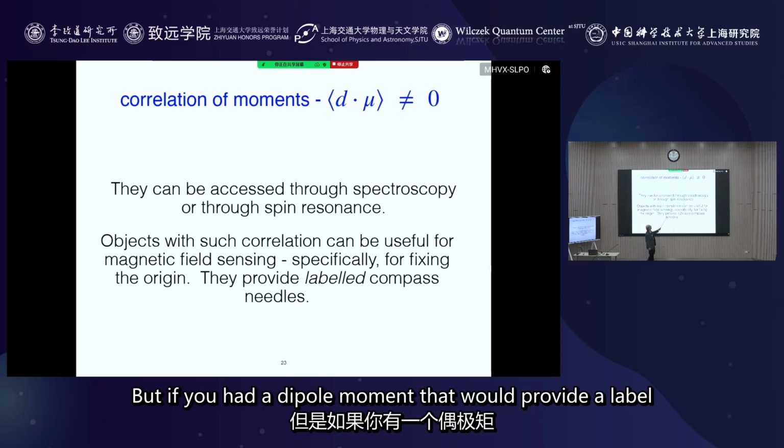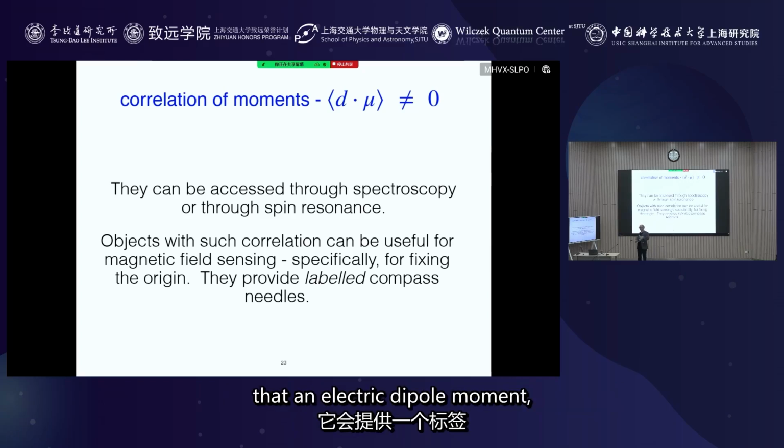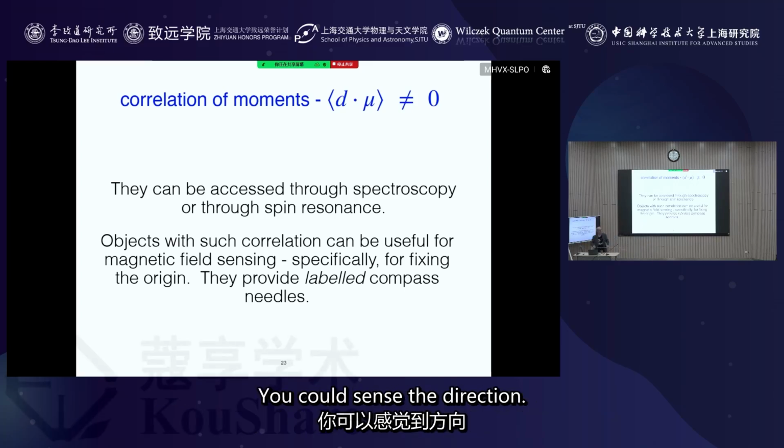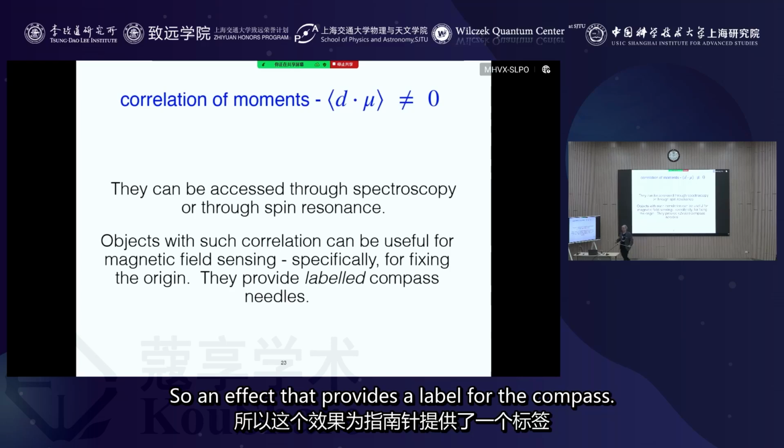But if you had an electric dipole moment, that would provide a label, because it would tell you which way the electric dipole moment is pointing, and that way you could sense the direction. So in effect, that provides a label for the compass.